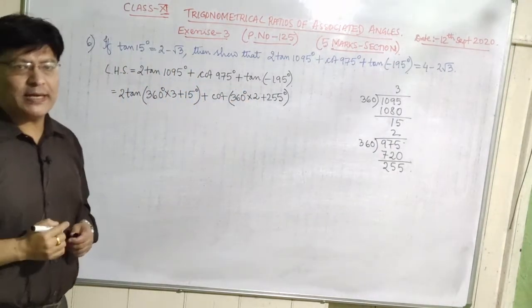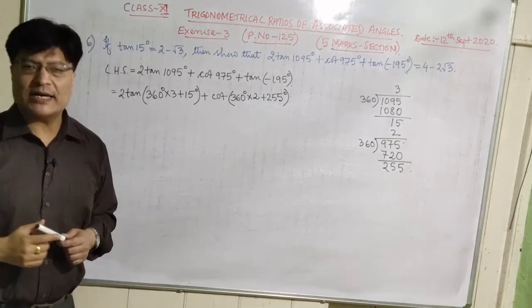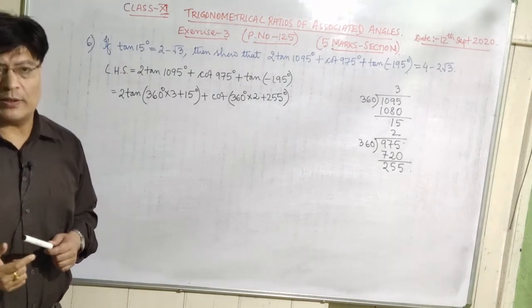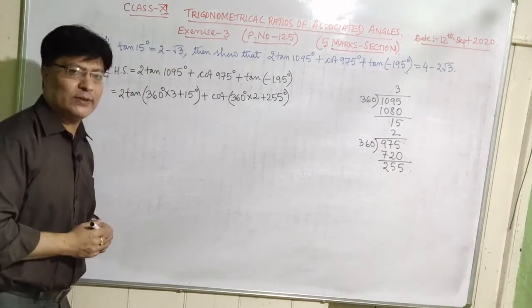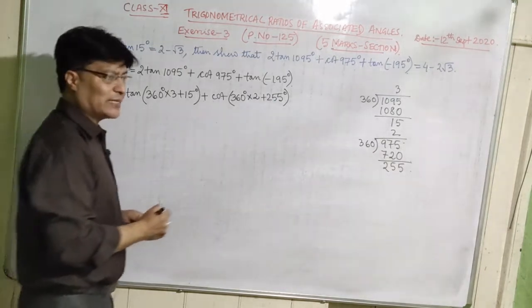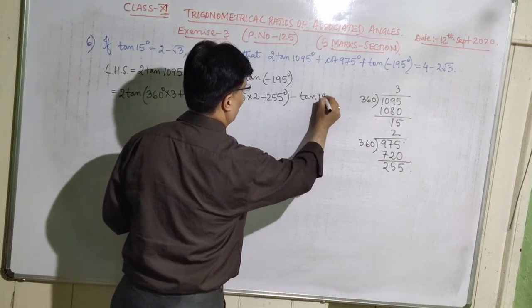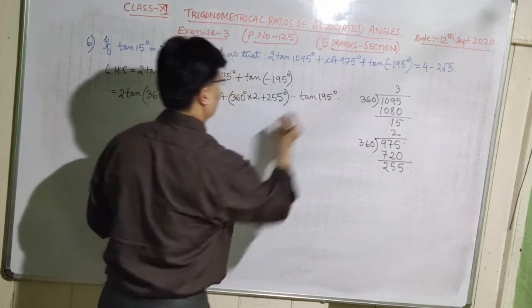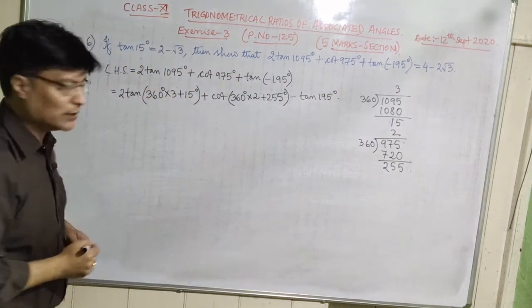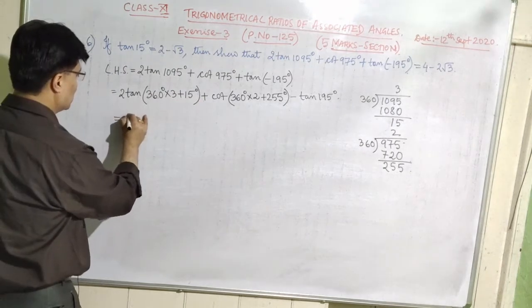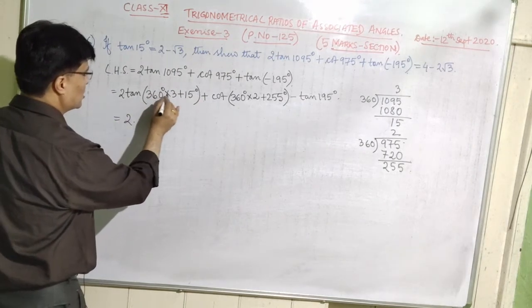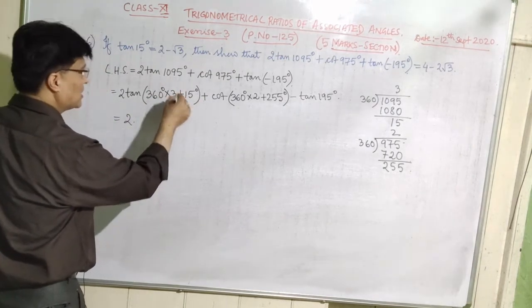Whatever may be the angle there, minus theta always lies in the 4th quadrant, and in the 4th quadrant tan is always negative. So what is tan of minus theta? Minus tan 195 degree. Is that clear? So which is equal to 2 into tan 360 into 3 plus theta lies in the 1st quadrant.